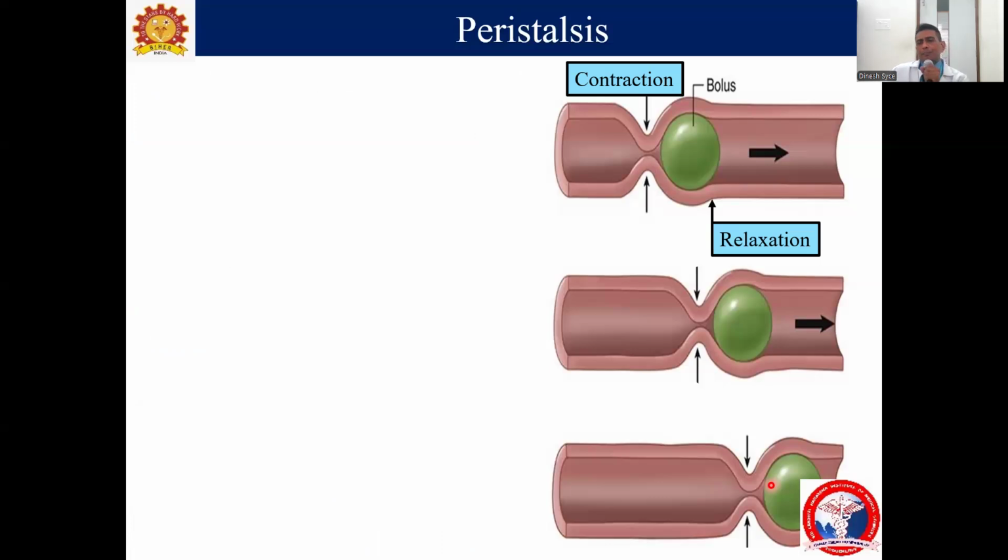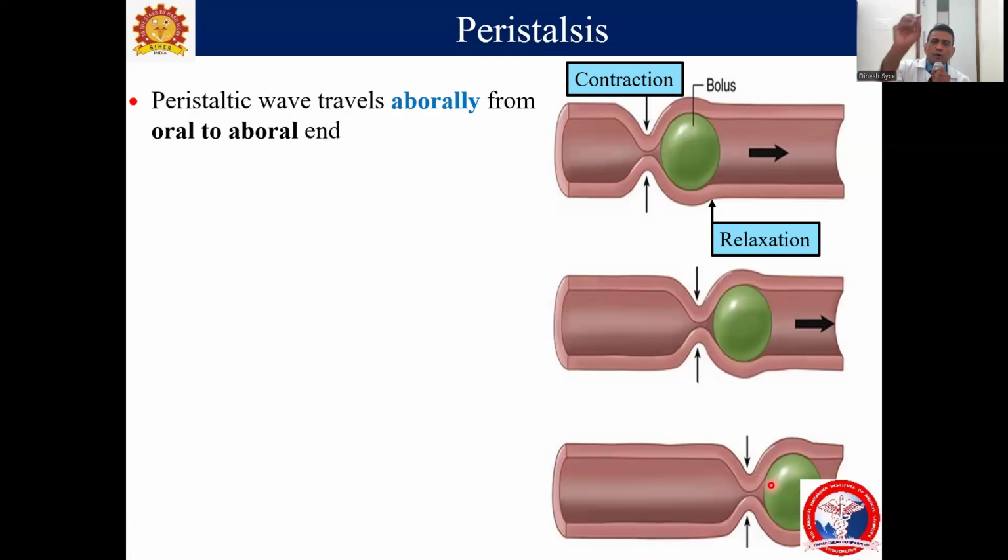Now, what is the direction of the movement of the chyme? In which direction is it going to move? The movement of the chyme predominantly is in the aboral direction, aborally. What does that mean? From the oral end to the opposite end.